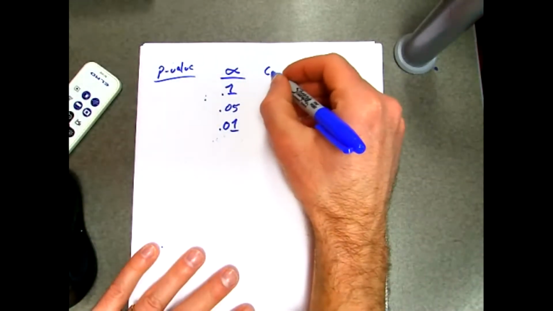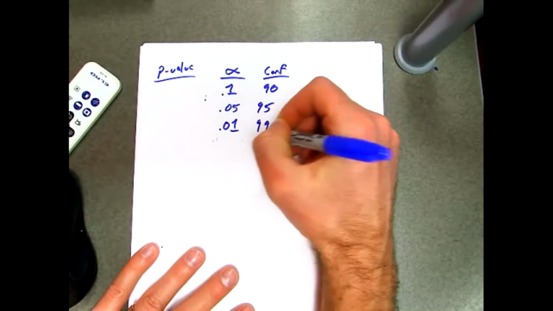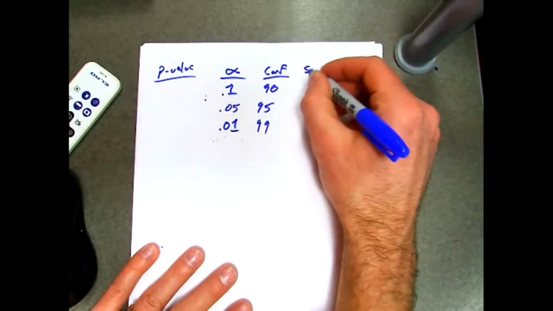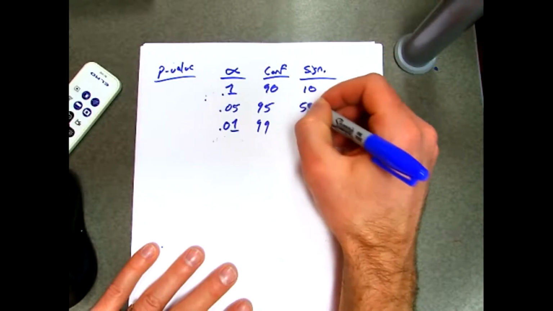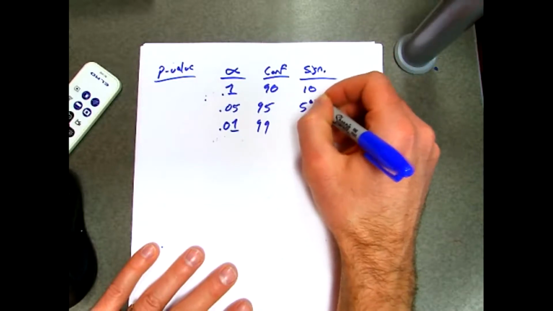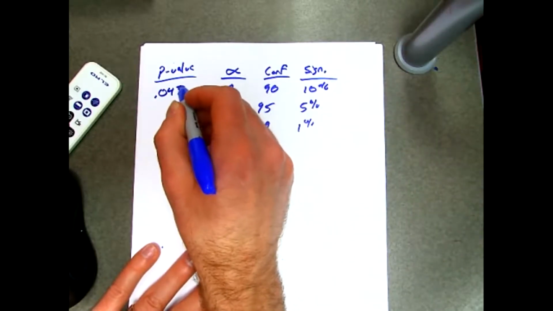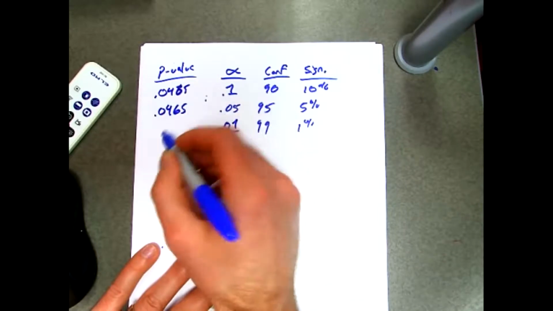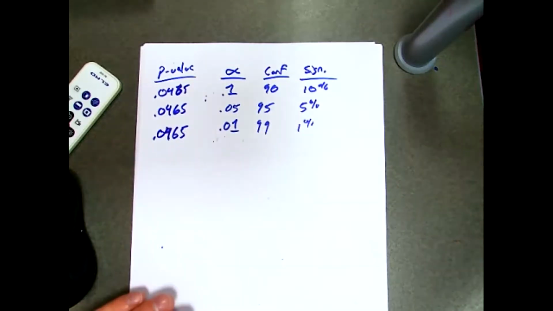Just remember our confidence levels, 90, 95, and 99, like with confidence intervals. These significance levels are just alpha in percentage form. My p-value was 0.0465. You don't have to write this down three times; I'm doing it to make the comparison easy to see.